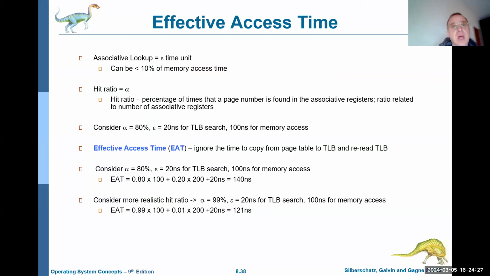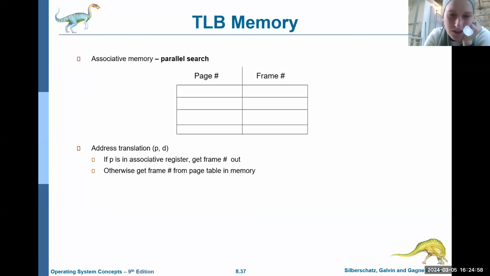One scenario is that I look at the TLB and I find it, and then I go and read it. So that would be a total time of 100 nanoseconds for the read in memory and 20 nanoseconds for the TLB read. Why is it 200? I'm still not understanding why it's 200 times 0.20 instead of 100.